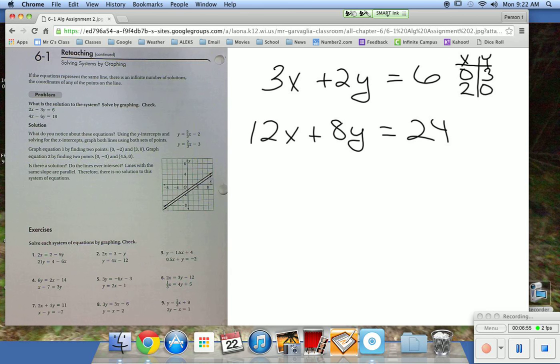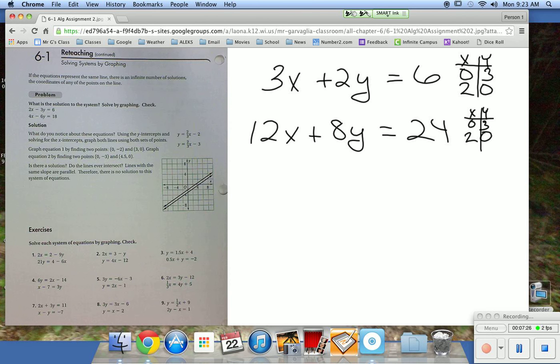Okay, let's do a t-chart for this one. x, y. Here's why it's going to be important that you do your t-charts. If I put 0 in for x, what's going to be my y? 3. If I put 0 in for y, what's going to be my x? 2. Look at my t-charts. Are they the same? They're the same line. There's infinite solutions.